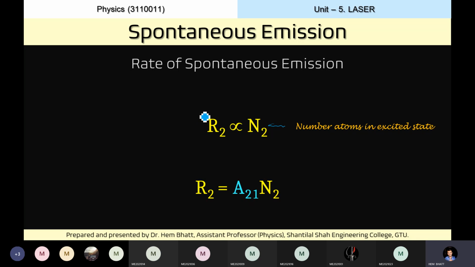Einstein's coefficient for what? Spontaneous emission. Einstein's coefficient of spontaneous emission. Okay, note this down, write it in your book.